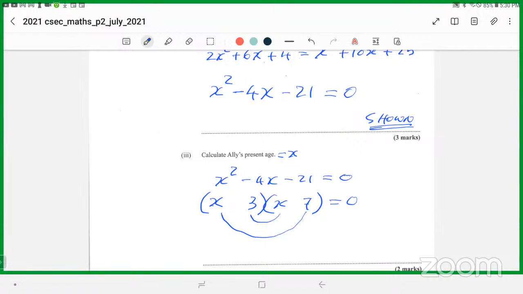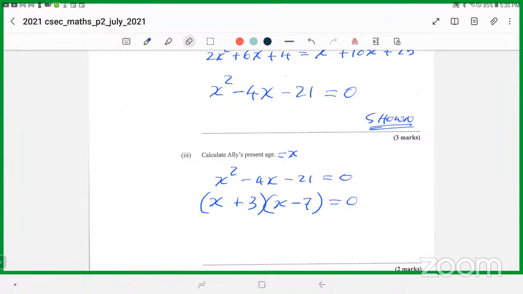The larger one must be negative because the middle term is negative. The larger one is the 7x here. The near one is 3x. You have to make the larger one negative, which is the 7x. To make the 7x negative, I put the minus here and the plus there. Those are the factors. You have to learn it this way. If you want to do the long drawn out way, no problem.